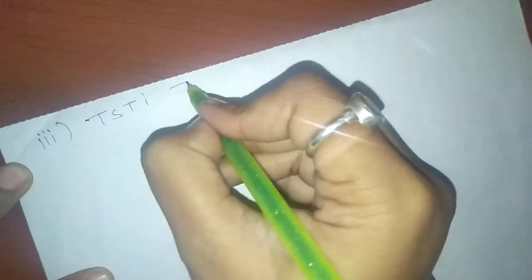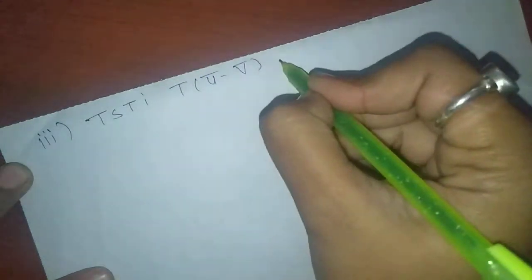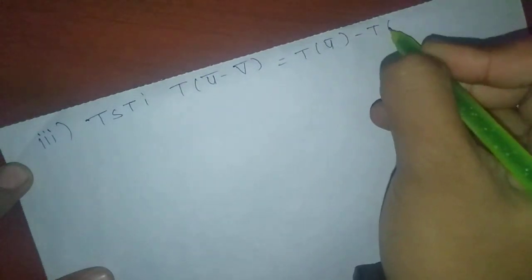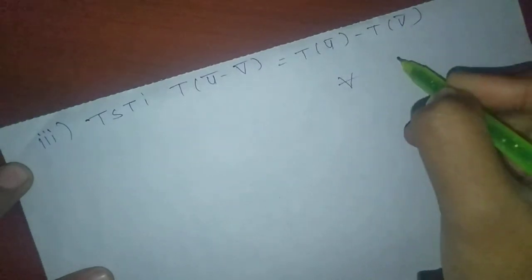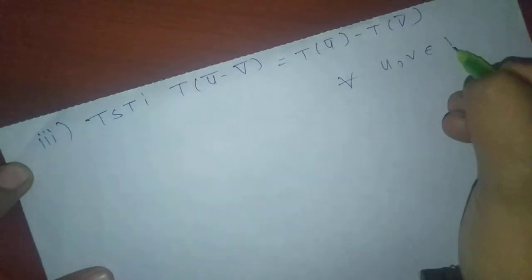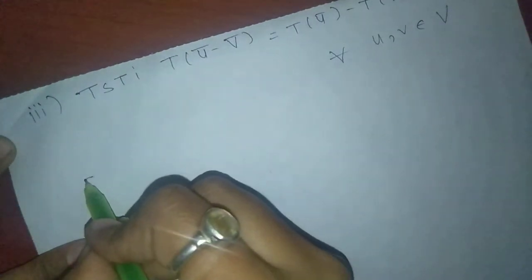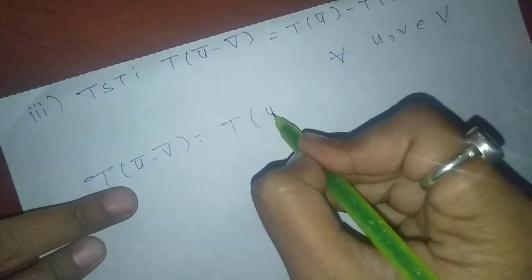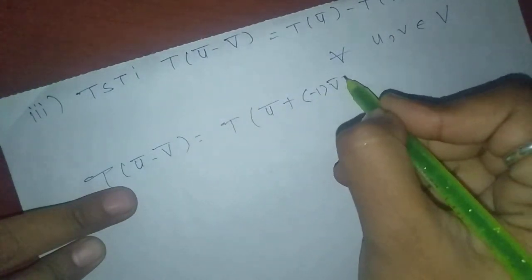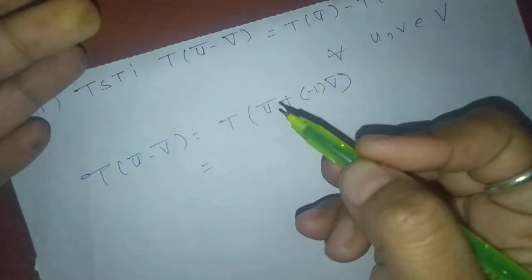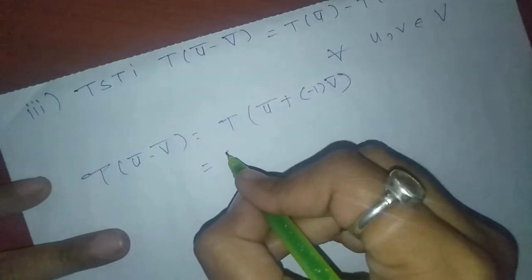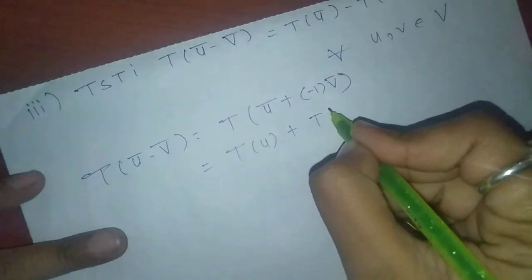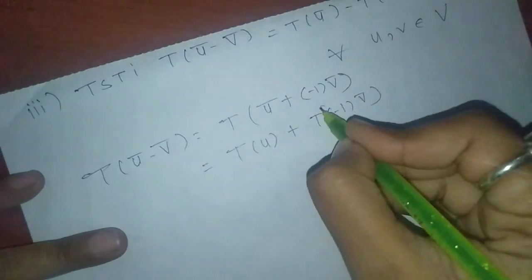And third, to show that T of U bar minus V bar equal to T of U bar minus T of V bar for every vector U bar, V bar belongs to capital V. First consider the left hand side, T of U bar minus V bar. This can be written in the form of T of U bar plus minus 1 into V bar. Because T is a linear transformation, so T of U bar plus T of minus 1 into V bar.